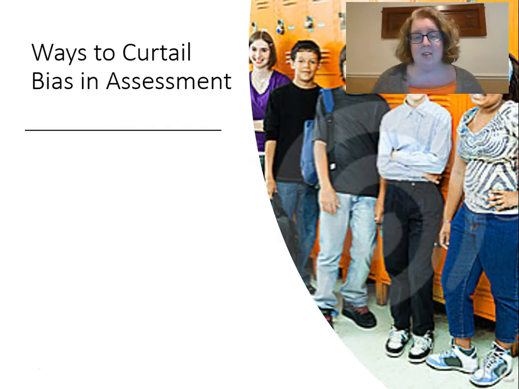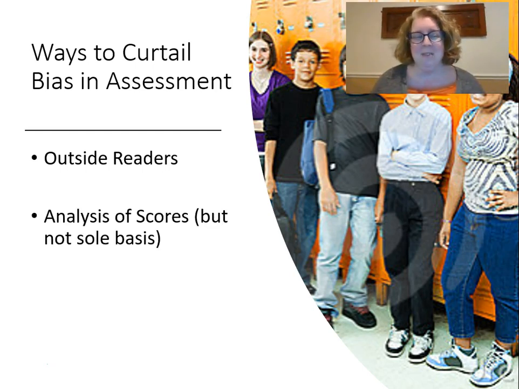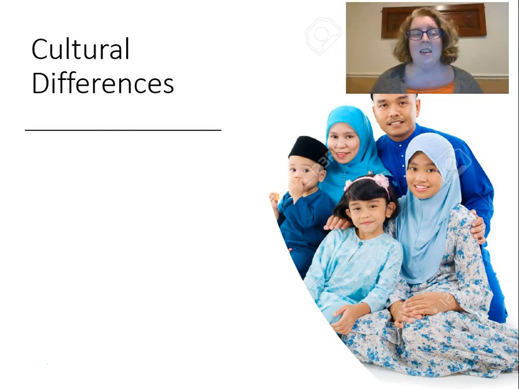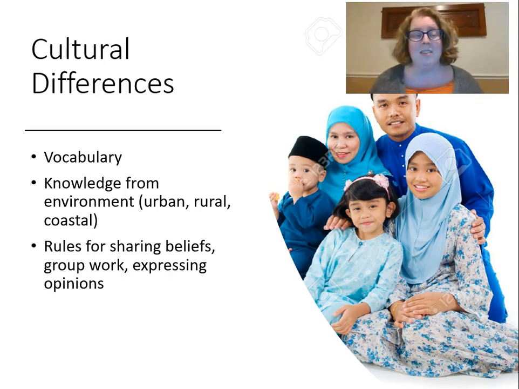Some other ways we can curtail bias in assessments: we can have outside readers, such as a colleague reading the test. Usually you read their test and they read your test, so we can have some kind of exchange happen there. Analysis of scores, again, is not the sole basis, but it can provide some evidence. Cultural differences: the words we use can be different even across the United States. We use different words for different things, so we need to be sensitive to that. Knowledge from the environment: words that urban and rural, and even coastal and inland, people know might be different.